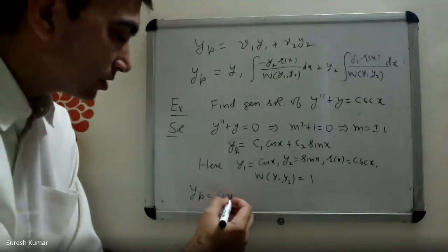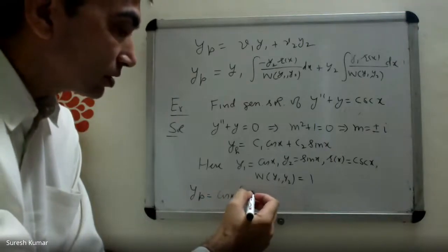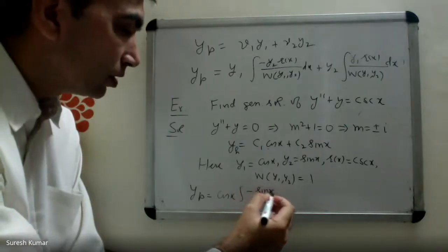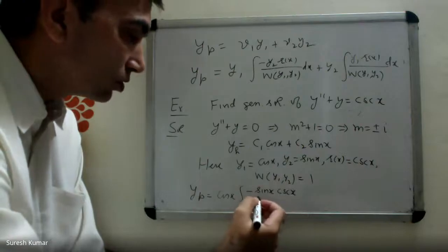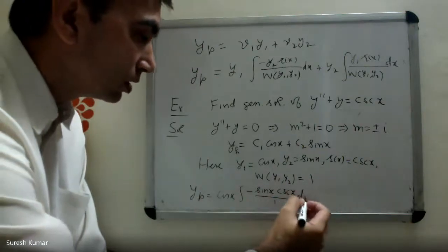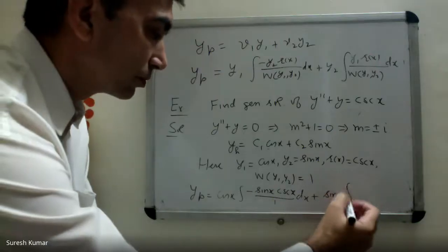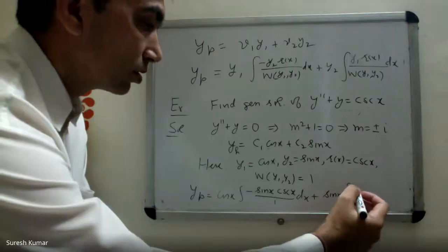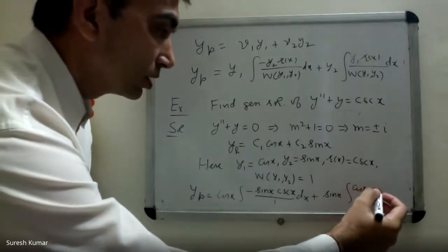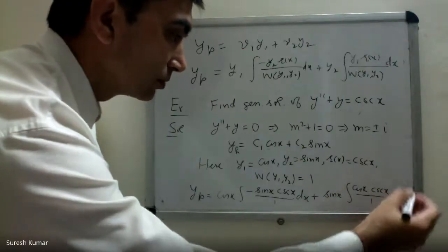y1 is cos x, y2 is sin x into cosecant x, Wronskian is 1 dx plus y2 means sin x, y1 is cos x, cosecant x over 1 dx.